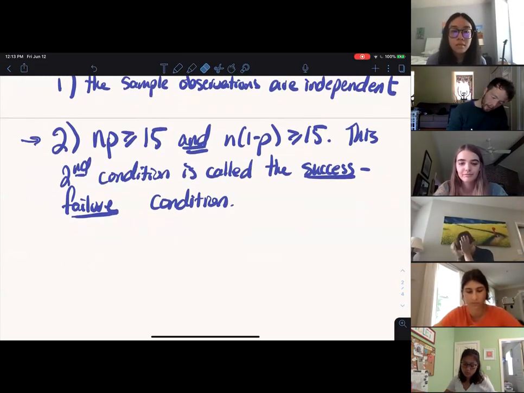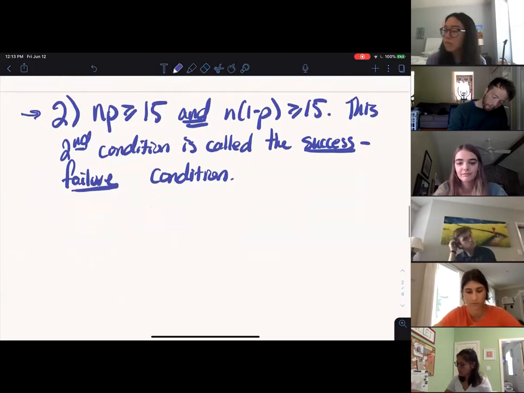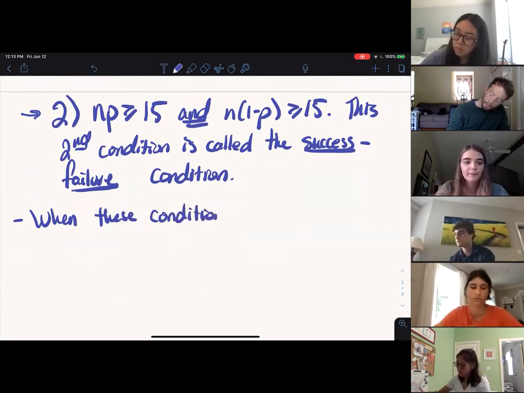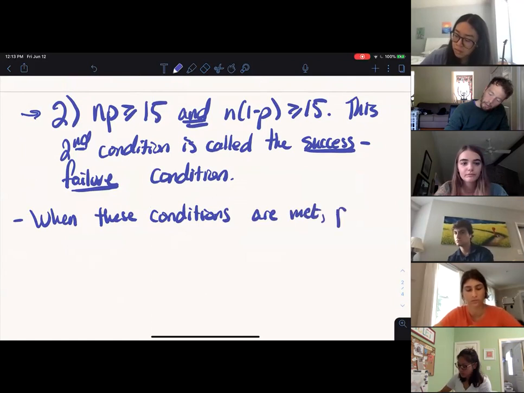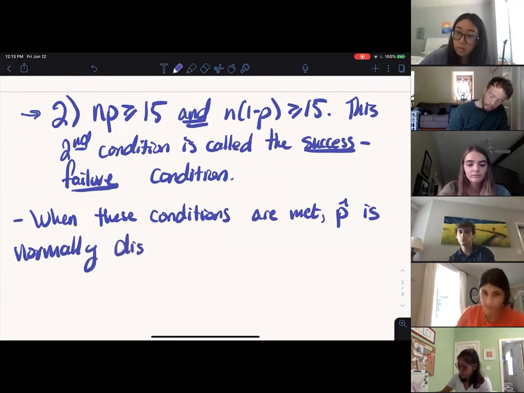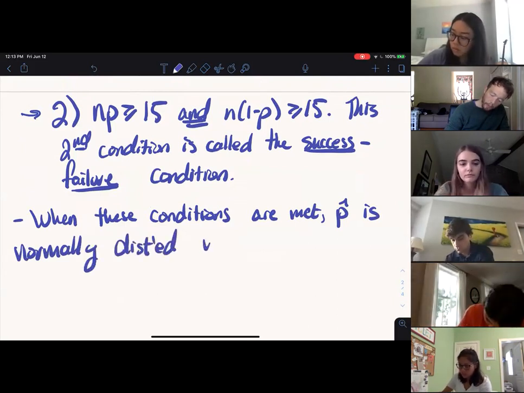First, let me say that when these conditions, 1 and 2, are met, p hat is normally distributed with the following.